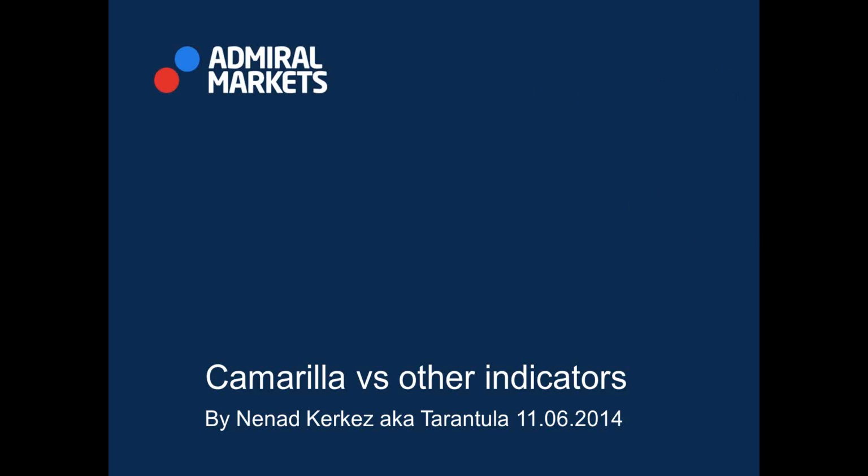All other things I basically don't use, and I will tell you a few things you should know about Camarilla and a few things about how you can trade with basic Camarilla knowledge.